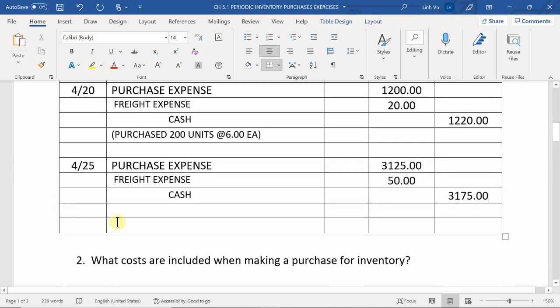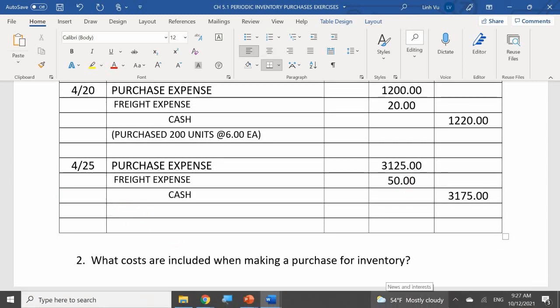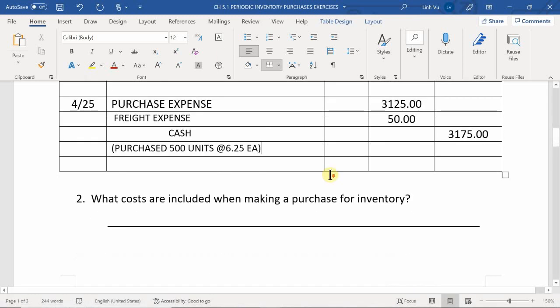And last but not least, my description will be that I purchased 500 units at $6.25 each. Good.